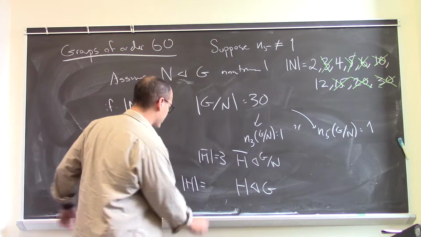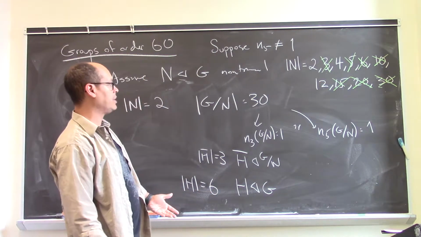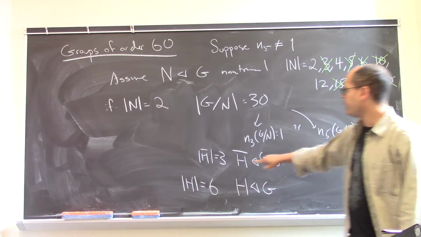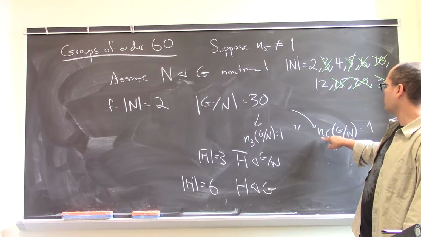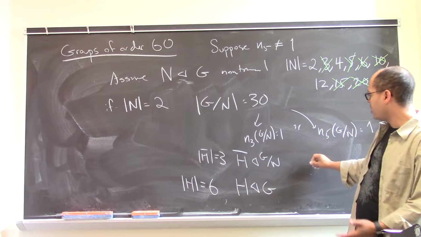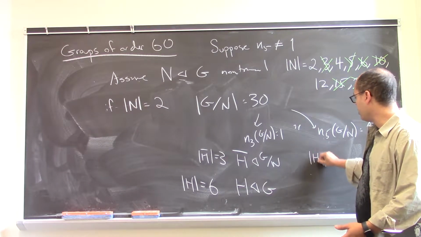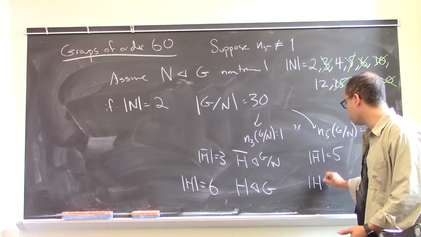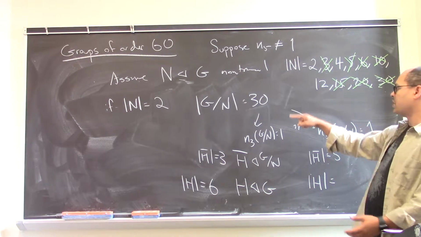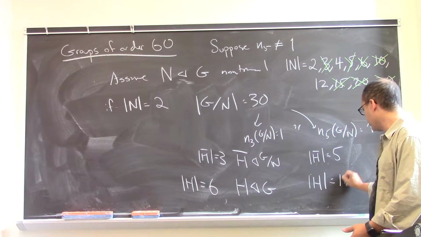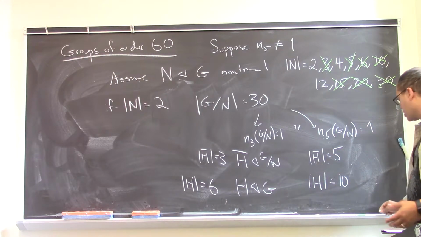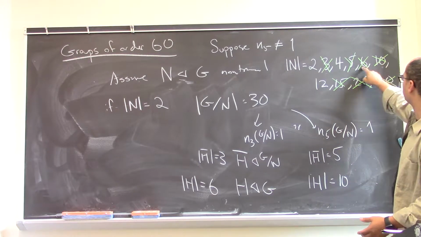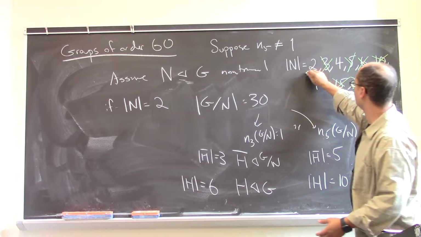Something of order 2, so I would get a 6. That can't happen. On the other hand, if the order of this normal subgroup in my quotient was 5, then the corresponding subgroup of G would have order 5 times 2, which is 10. And I know I don't have a subgroup of order 10 either. We'd eliminated that as a possibility. So because we'd eliminated 6 and 10, we can now eliminate 2.